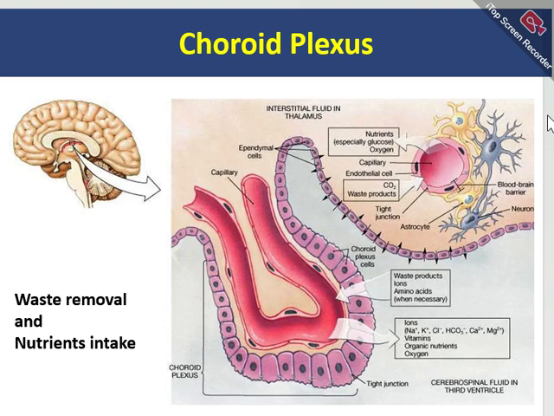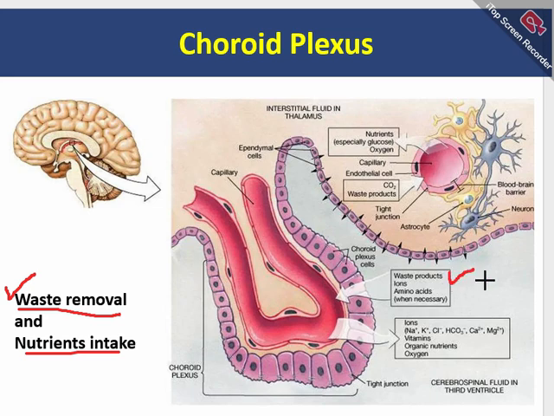Okay, like I have explained in my initial slides, the choroid plexus is responsible for the formation of CSF. So once again, I'm trying to highlight the important functions of CSF, which are waste removal and nutrient intake, which can be shown in this figure. I am sorry, the fonts are smaller, but I hope you will understand.